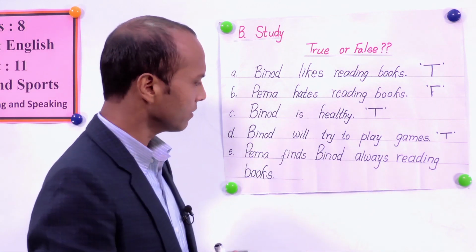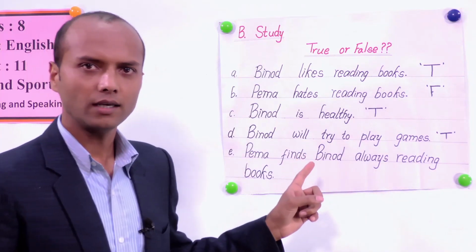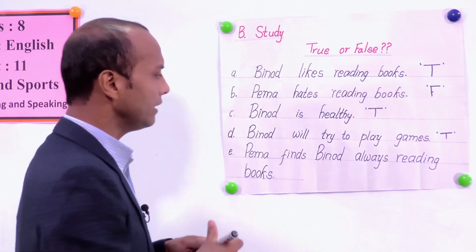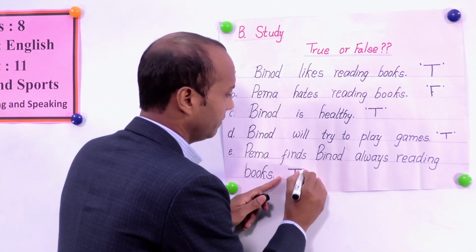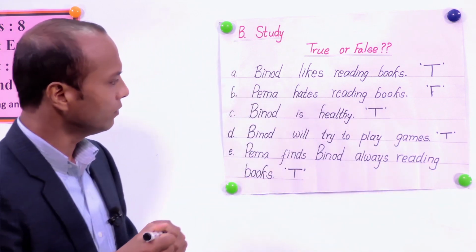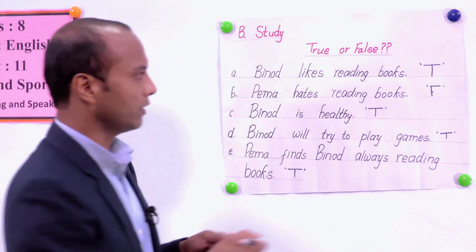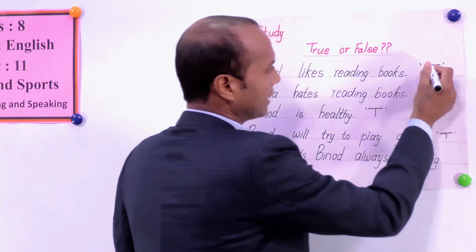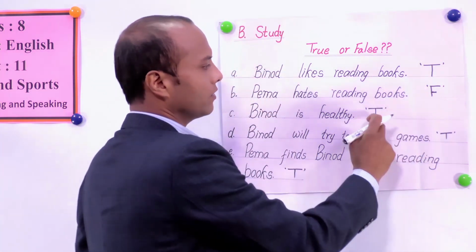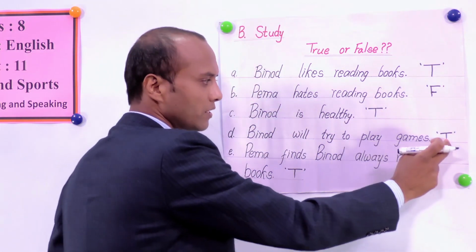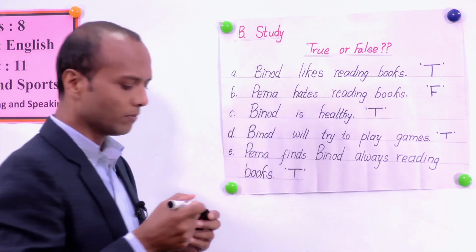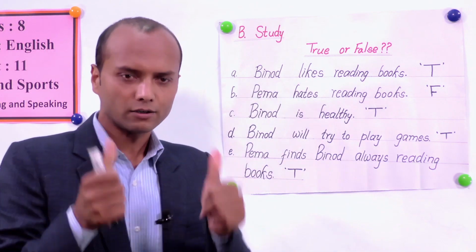Is it true or false? What have you written there? It is definitely true. This is the very first information that you listen to. Okay, so the first sentence is true, second is false, third is true, again fourth is true, and last one is also true. Very good.